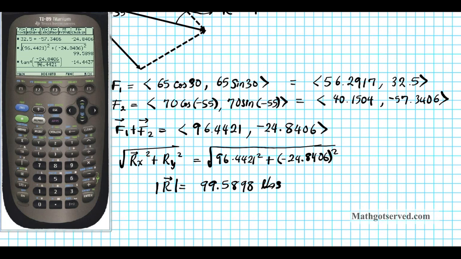So that's simply the inverse tan of the y component, which is negative 24.8406, divided by the x component, which is 96.4421. Alright, let's go ahead and evaluate what that expression equals.